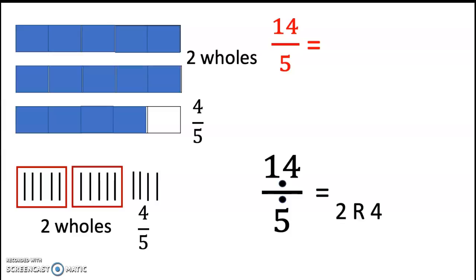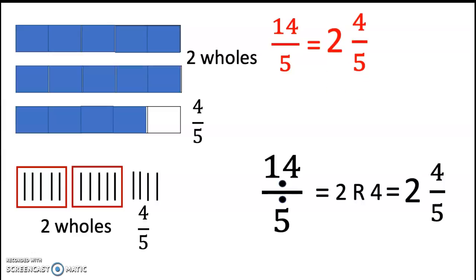That is 5 times 2, but I would still have 4 left over from my 10 to get all the way up to the number 14, giving me 2 with a remainder of 4. Now all of these models are telling me that I have 2 wholes and 4/5 left over. So 14/5 is equal to 2 and 4/5.